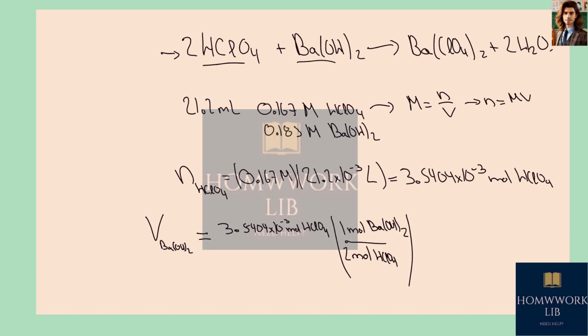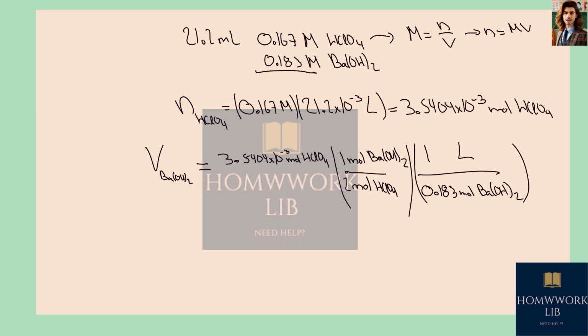And then from my concentration of barium hydroxide, from this value over here, I know that 0.183 moles of barium hydroxide are contained in 1 liter of solution. If we follow the quantities that are going to cancel out, mole with mole, mole with mole, we are going to end up with the volume in liters.